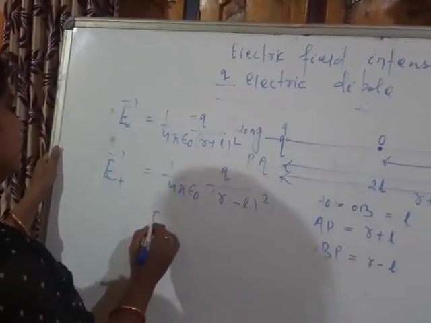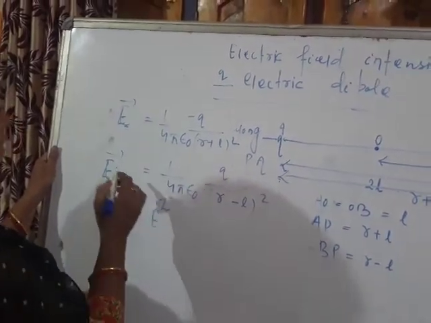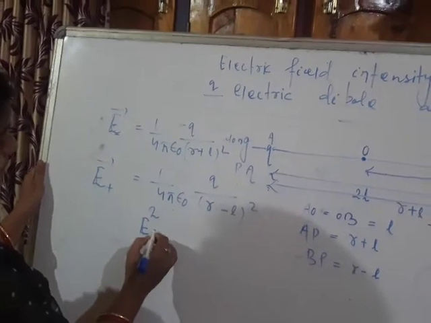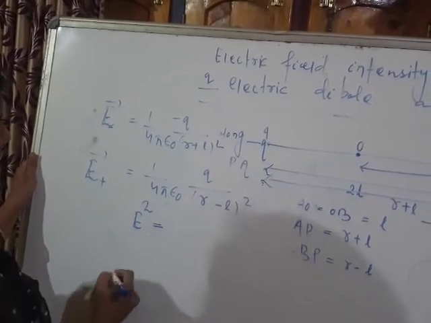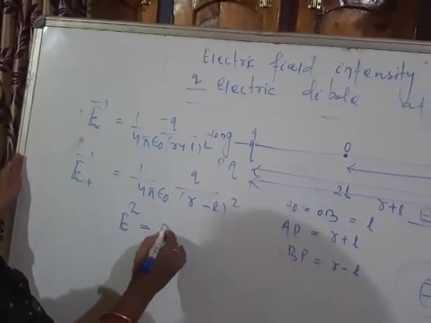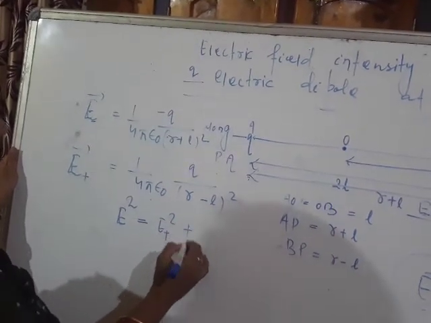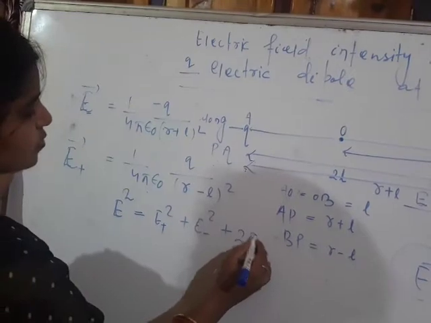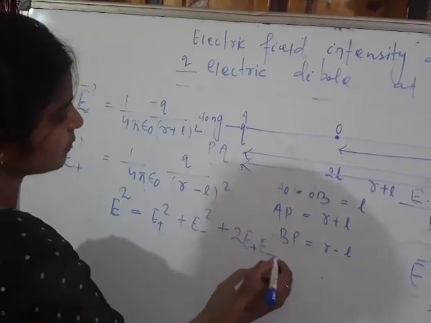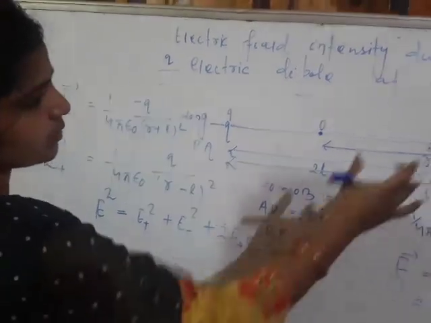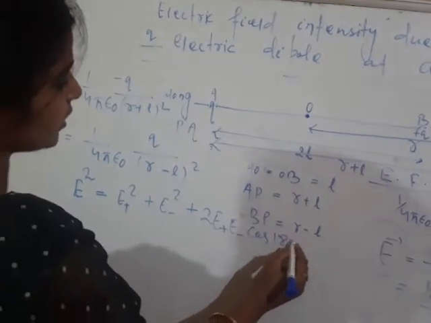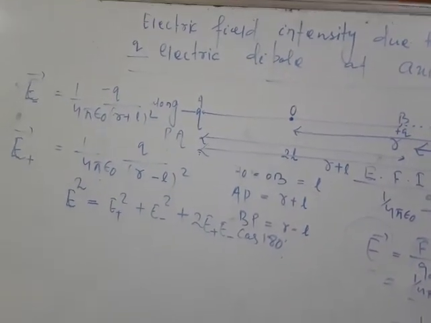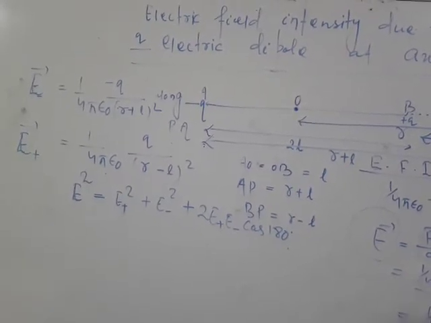To find the resultant electric field intensity, if we take the magnitude, E square equals E plus square plus E minus square plus 2 E plus E minus cos theta, but theta is here 180 degree because E plus and E minus are equal and opposite.